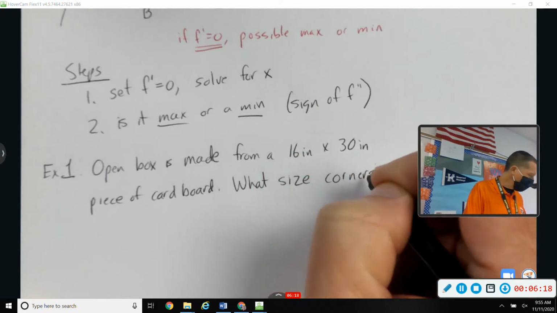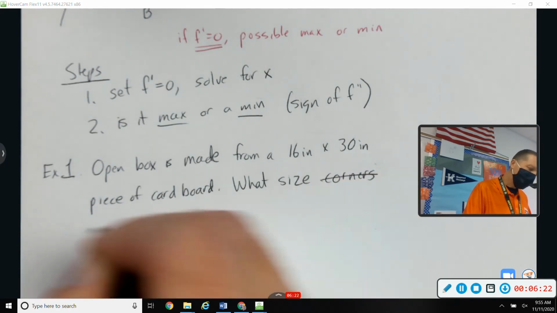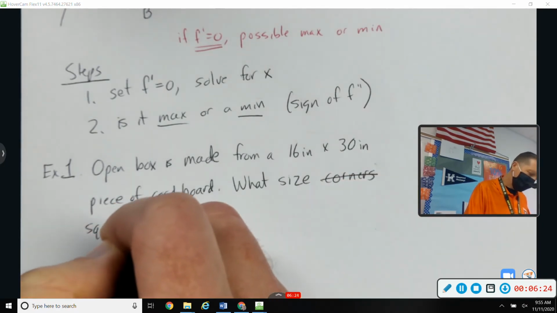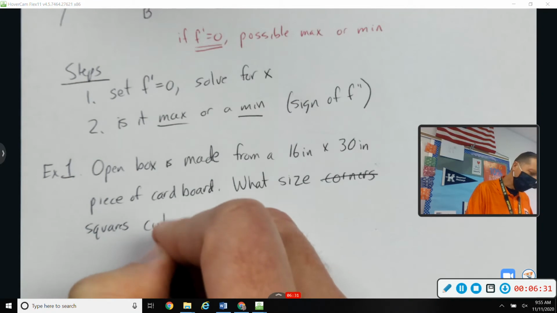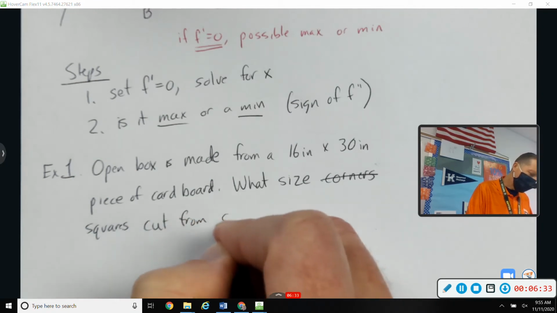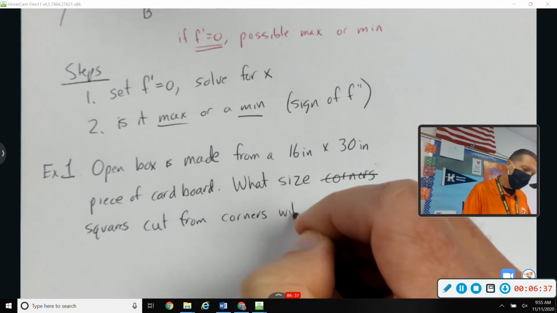What size squares, copy it down, we'll talk about it in a minute. What size squares cut from the corners will maximize volume?